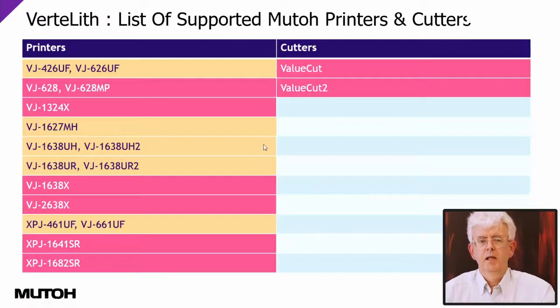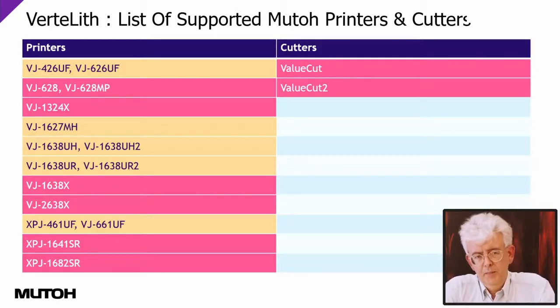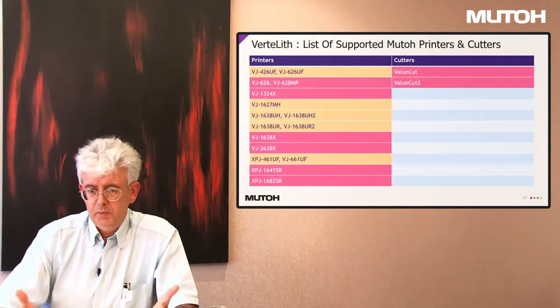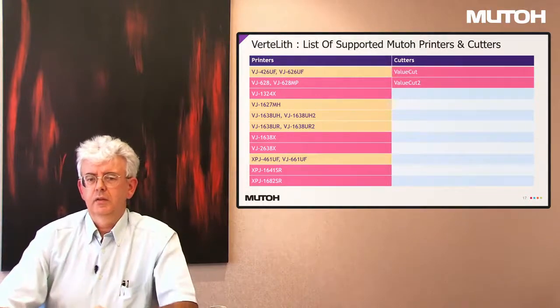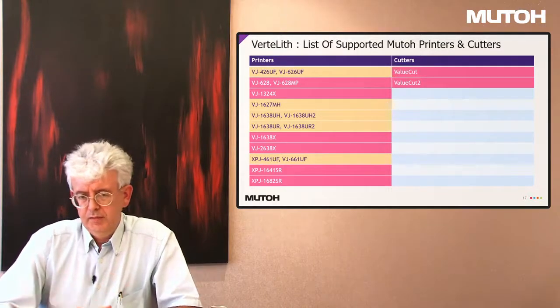There are drivers for most of our printers, also the older printers, so it's certainly feasible that if a customer is running today still the separate software and is maybe hesitating to move to another software or wants to streamline their setup or is adding a new DTO printer, and 461 so to say, together with the 426 from the past, likes the VerteLith software, those drivers are there.